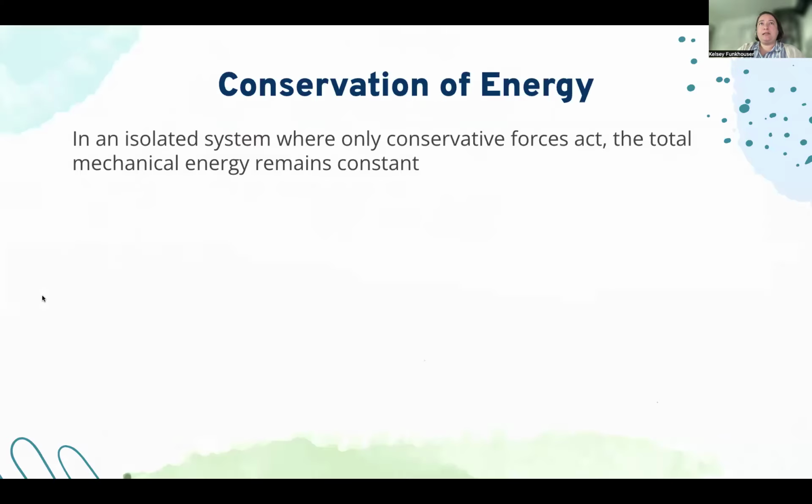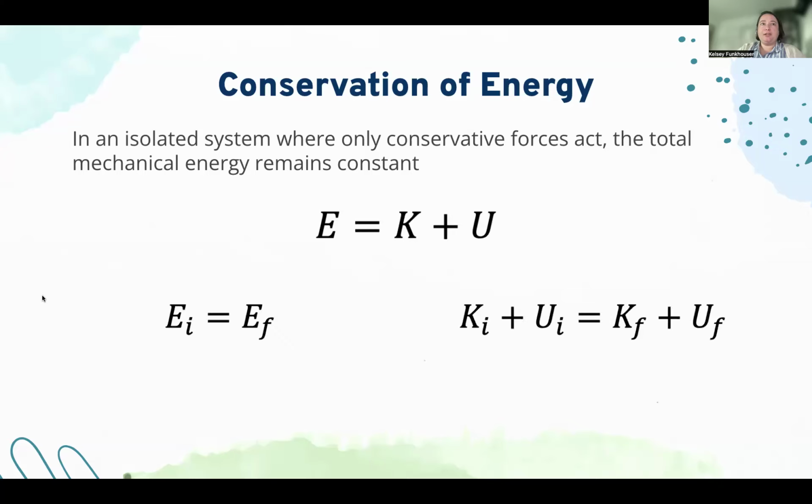And we talked about the concept of conservation of energy, where if we're in an isolated system with only conservative forces, the total mechanical energy remains constant, which is just the sum of all the energy.